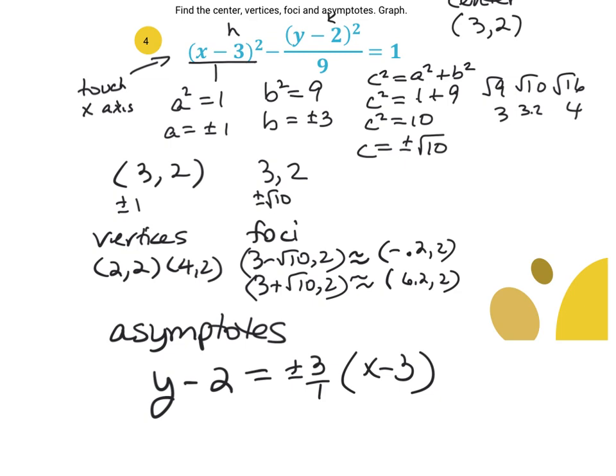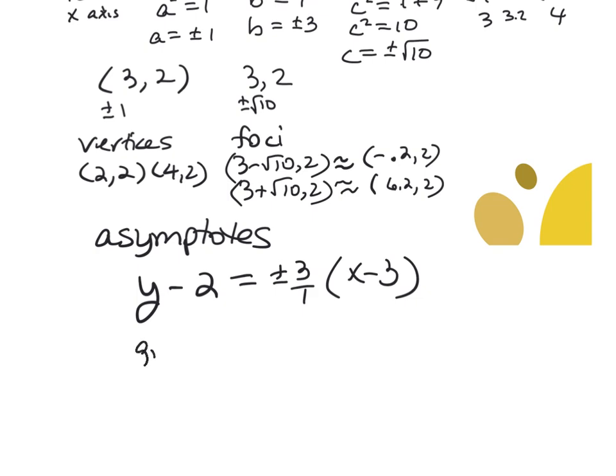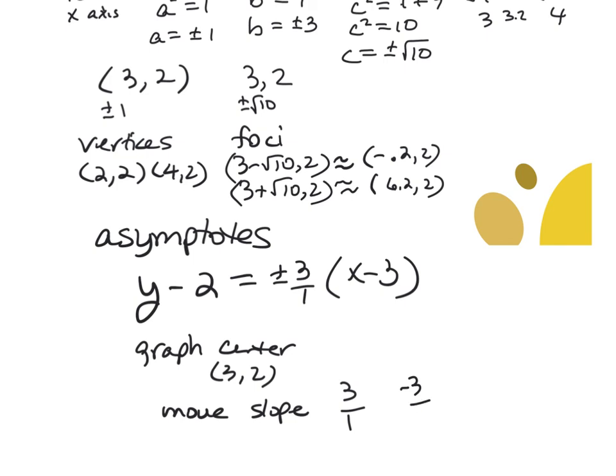You don't need to put it as 3 over 1, but if you want to have the rise and the run there, you can. So again, remember, we're going to graph the center, 3, 2, and then we're going to move the slope. Move from that, rise 3, run 1, and then we'll also do it with the negative. So let's go ahead and graph the asymptotes.